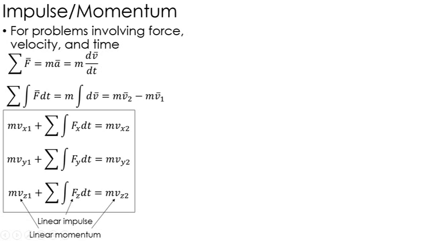Rearranging that equation, bringing mv1 over to this side, I get mv1 plus the integral of F dt equals mv2, which is essentially the initial linear momentum, plus the linear impulse, which is a force times a time, equals the final linear momentum.